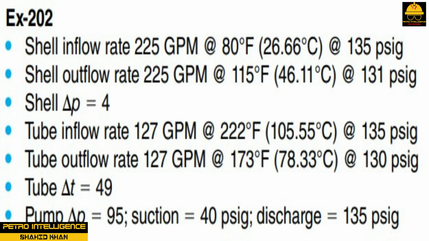Tube inflow rate 127 GPM at 222 degrees Fahrenheit or 105.55 degrees Celsius at 135 psig. Tube outflow rate 127 GPM at 173 degrees Fahrenheit or 78.33 degrees Celsius at 130 psig. Tube delta T equals 49. Pump delta P equals 95, suction equals 40 psig, discharge equals 135 psig.